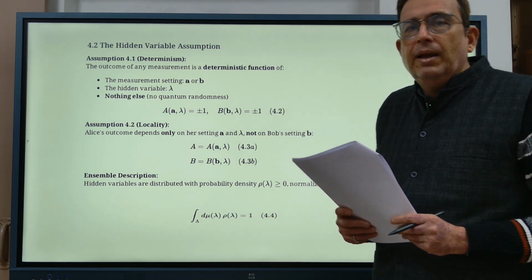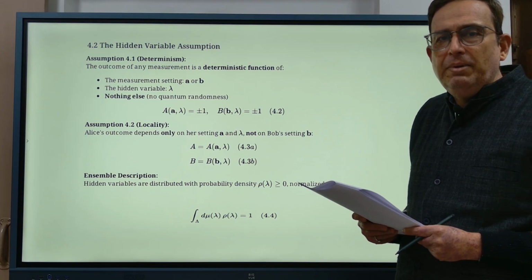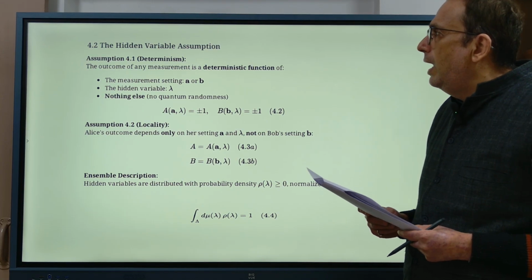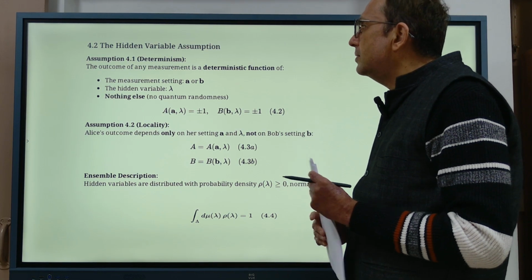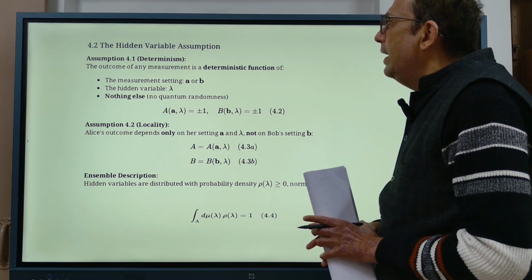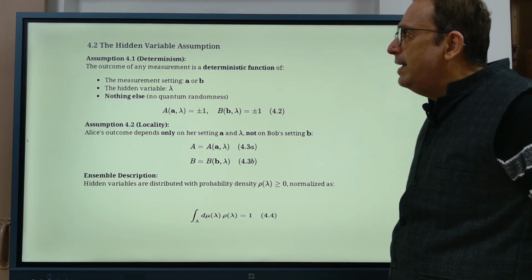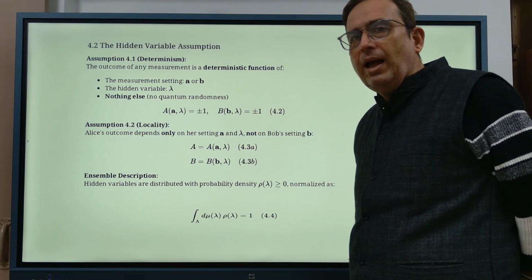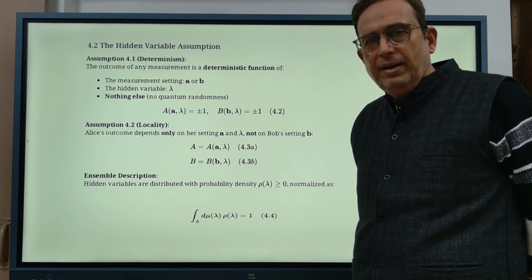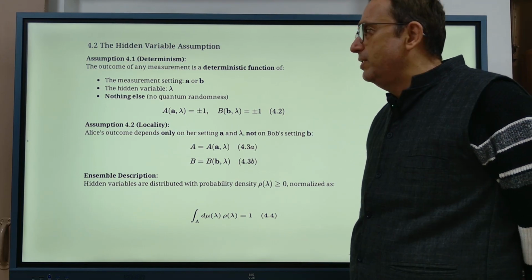Then Bell includes the hidden variable assumption in his formalism, and the first thing he does is the assumption of determinism. He says that the outcome of any measurement is going to be a deterministic function.